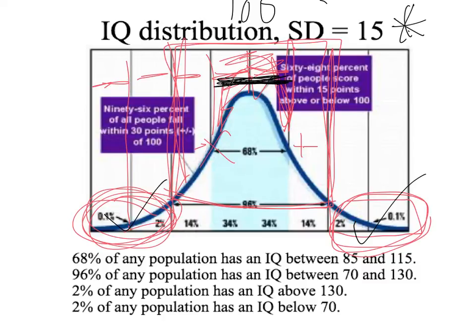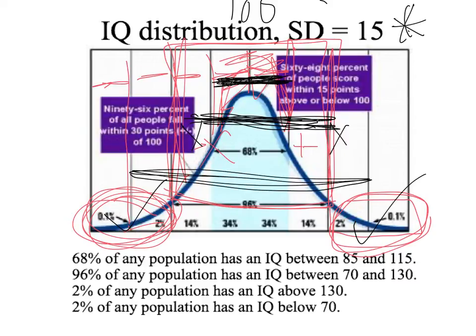So we've got 68% of the population within 1 standard deviation of the mean, and then we can talk about the 96% of the population that will have an IQ between 70 down here and 130 up here, and so on.